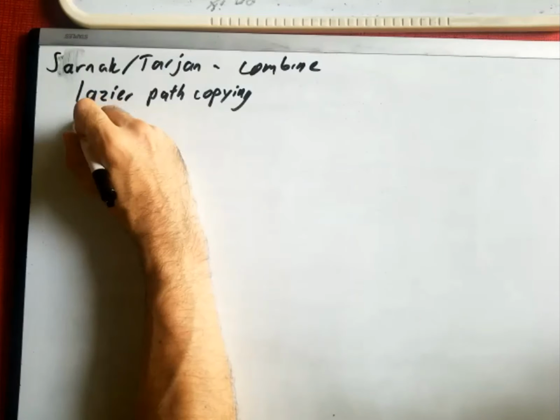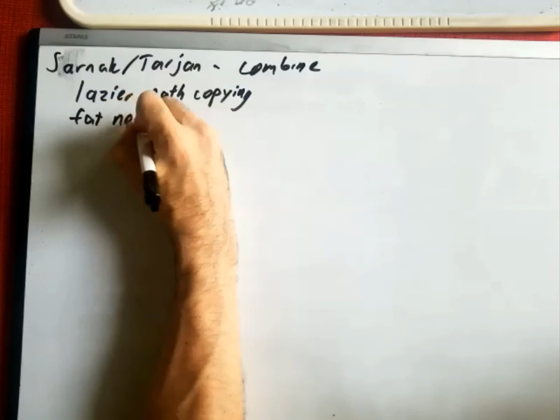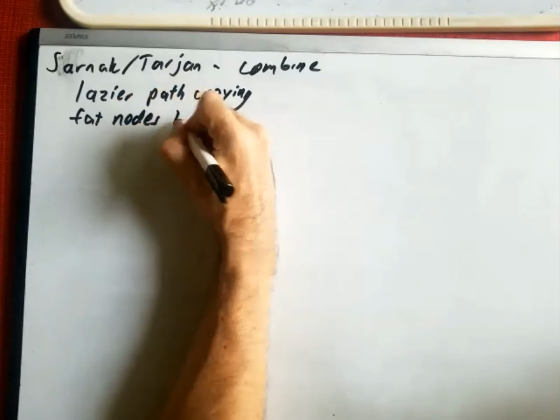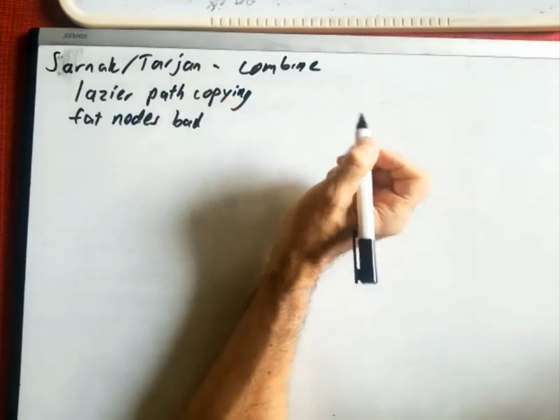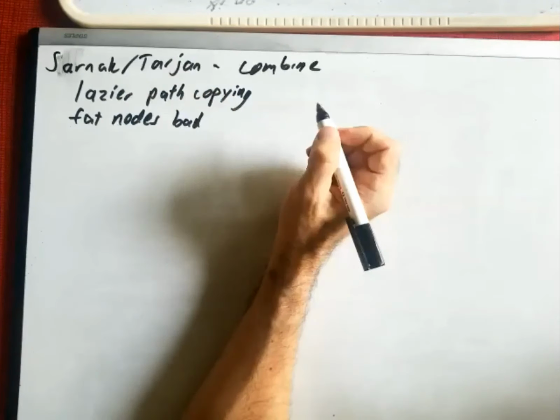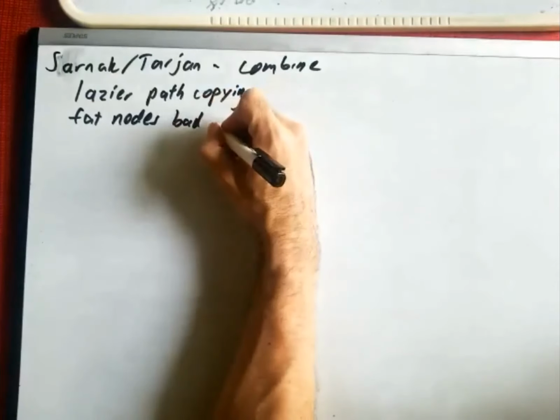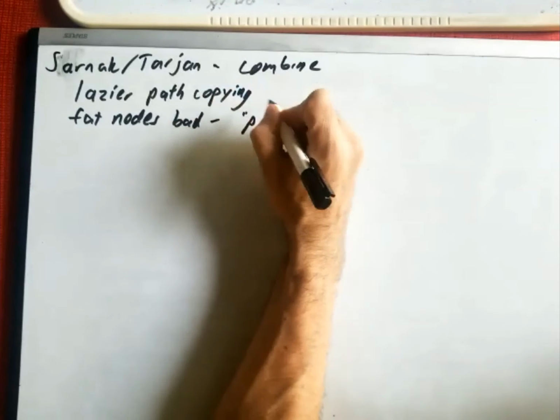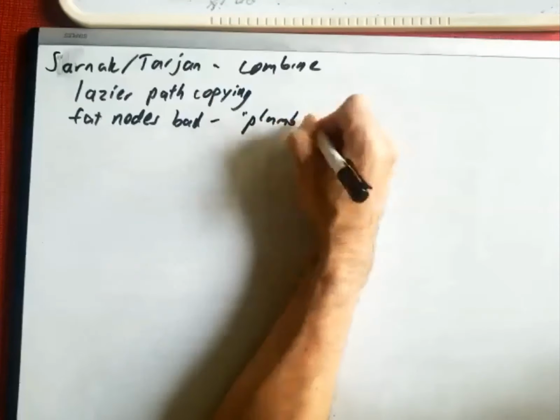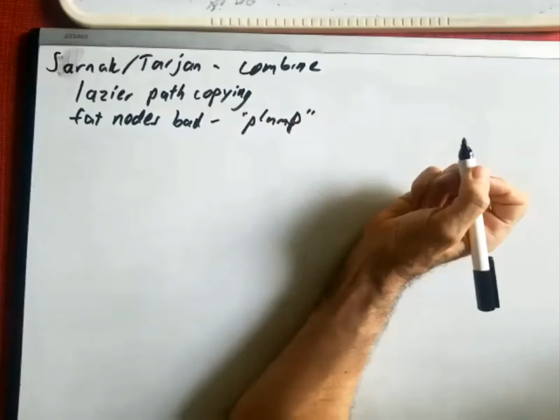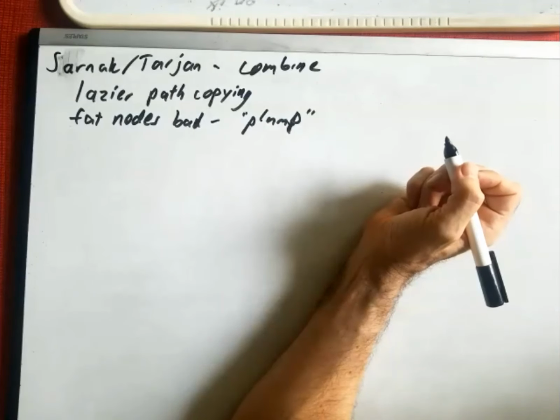So, you know, fat nodes are bad, right? Because of this excess space that they're using. But let's just consider plump nodes. A little bit fat. That's not a big deal, right?